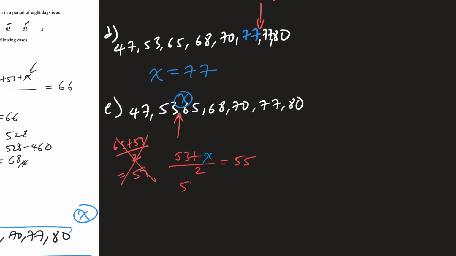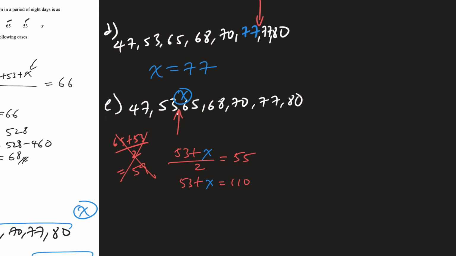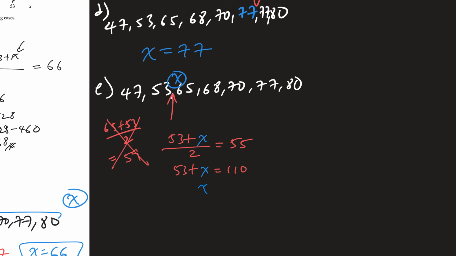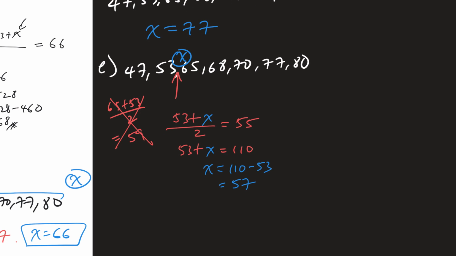So you can solve it. You can say that this gives 53 plus x equals to 110. Let's multiply both sides by 2. And x therefore will be 110 minus 53, which is 57. And there we have it. So let's just verify by writing it all out.